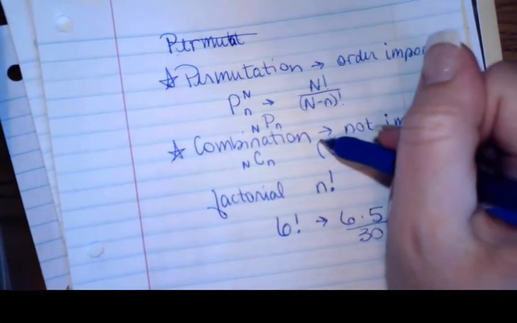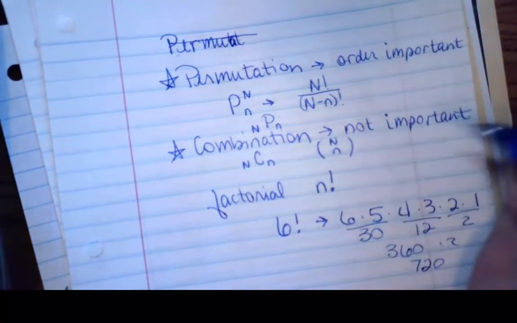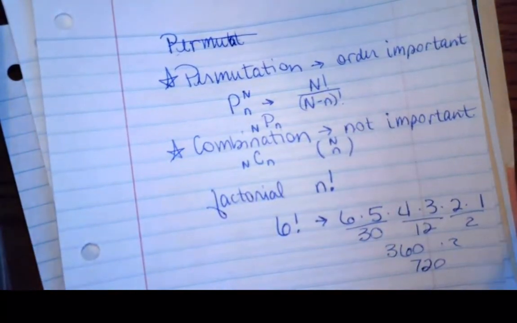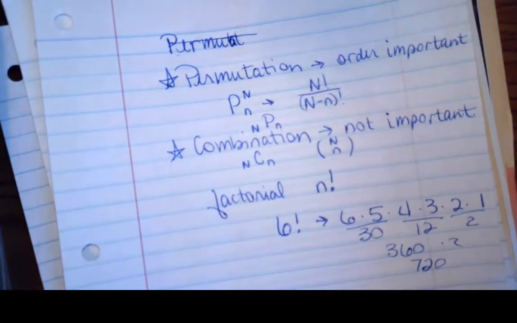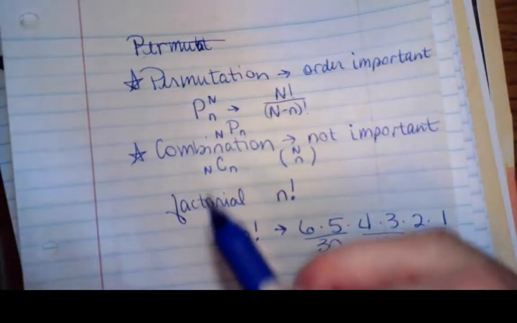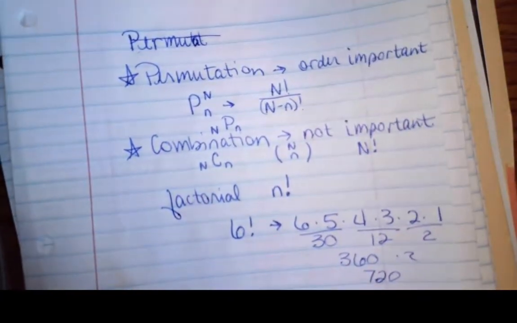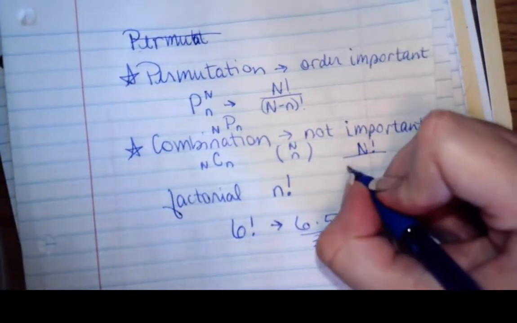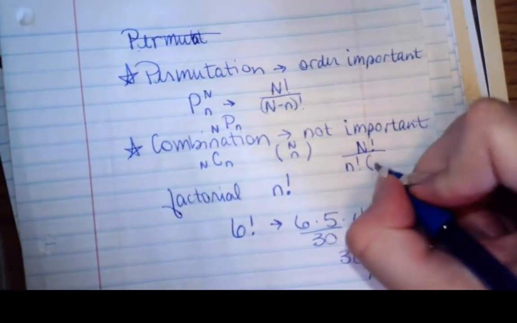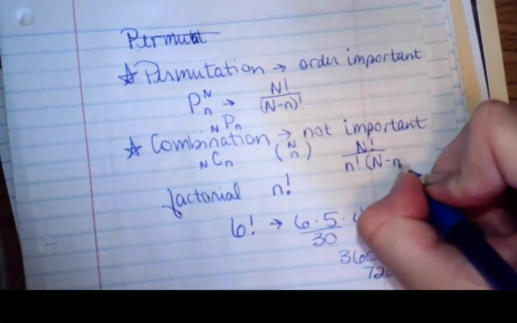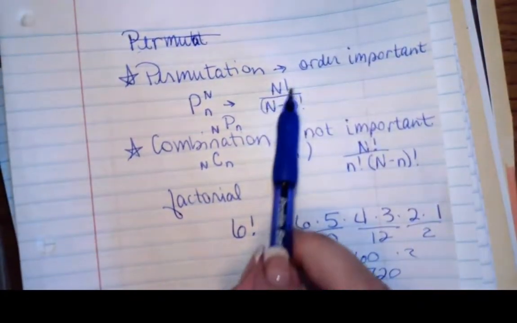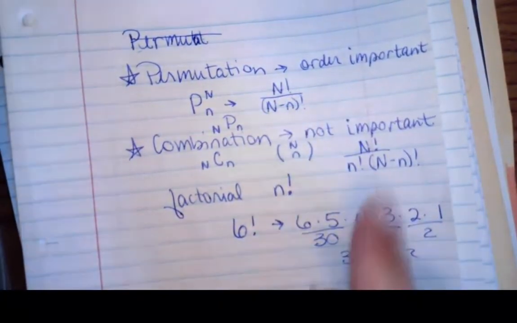Notice this looks like a C right there. That parenthesis looks like a really weak C. That's how I tell them apart in my head. Now, this formula is going to be a capital N factorial over little n factorial times big N minus little n factorial. So you notice it's the exact same thing as this one.